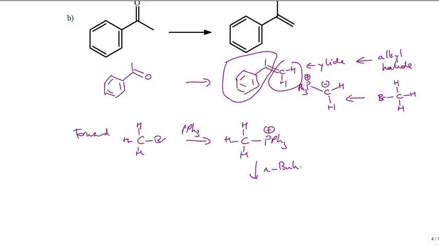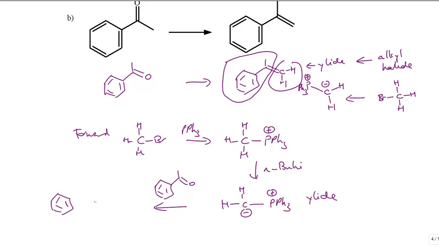Treat it with N-butyl lithium, and that strips off one of these hydrogens and makes this negative here, but I still have my positive charge, so there's my ylid. And so the ylid is the one that then combines with this carbonyl, and what that does is swap out this carbon double bond O and make it a carbon double bond C, and what's on this alkene carbon here then is these two hydrogens, which is your target.